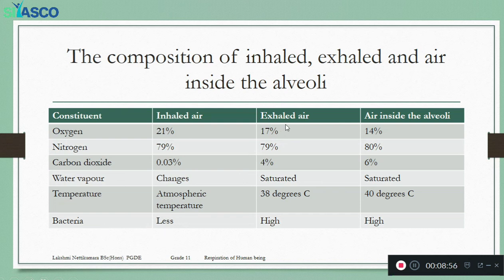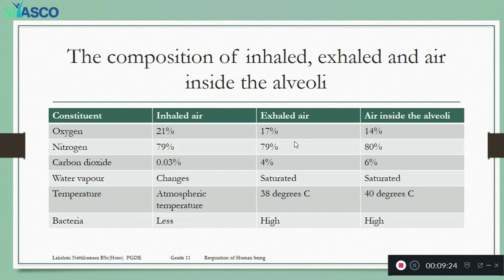Exhaled air means the air that comes out from the alveoli. Now you can see the oxygen is somewhat less because part is diffused through the alveoli lining to the bloodstream. So remember that this 21% totally does not dissolve here.